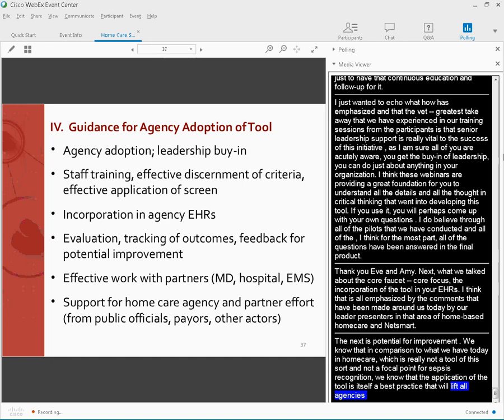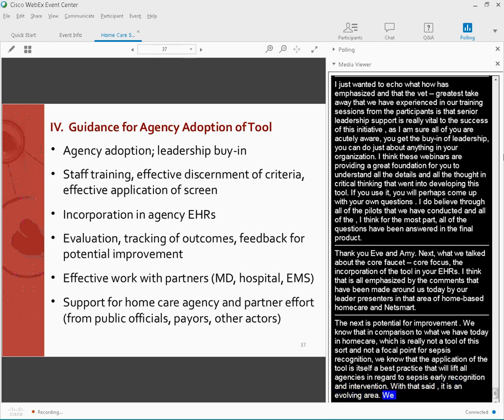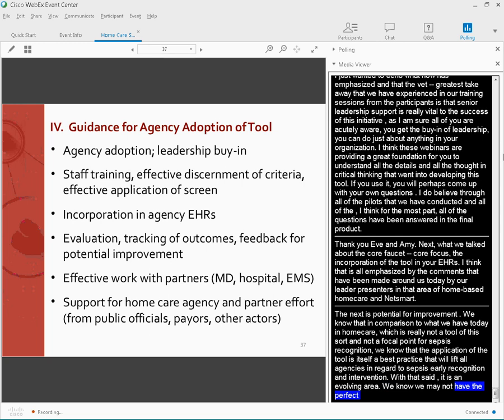But that said, it's an evolving area. We know that we may not have the perfect tool, or as other findings within the field advance, there may be recommendations for changes.